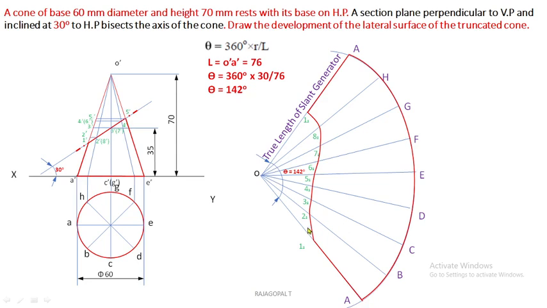As per your convenience, you can take 18 degrees each, which comes to approximately 144 instead of 142. Afterwards you can reproduce O dash to all section plane cutting points on the respective divisions. Finally, complete the answer for this particular question.